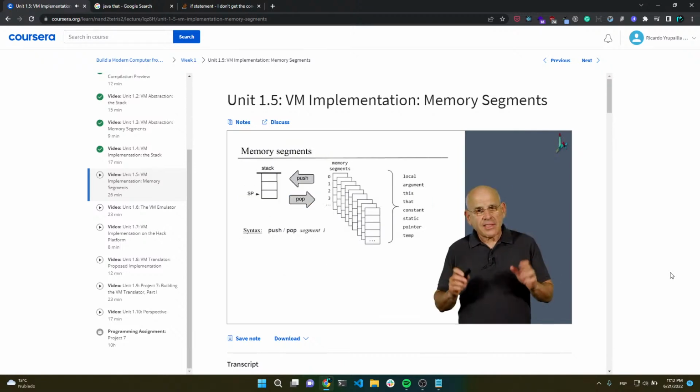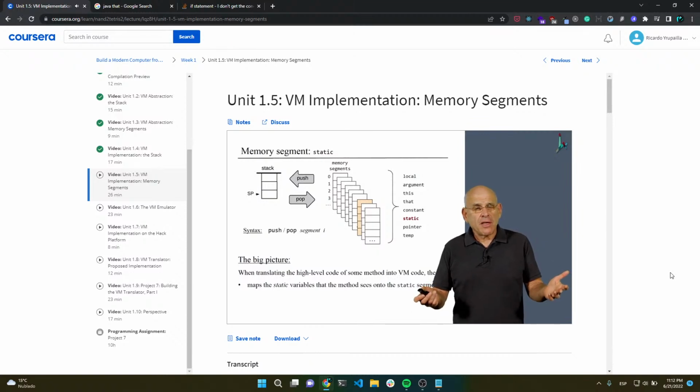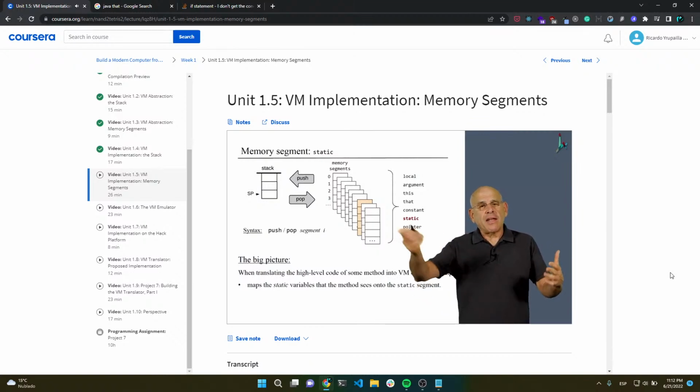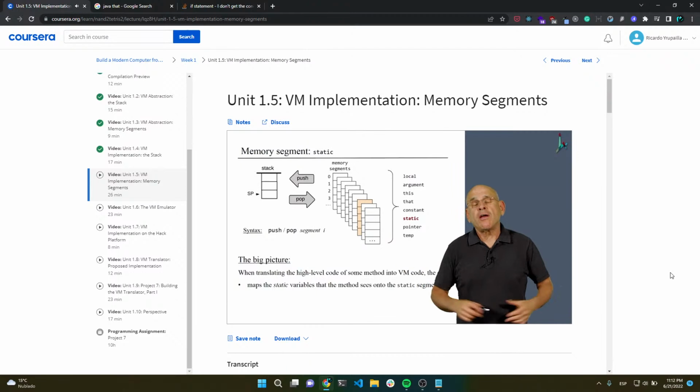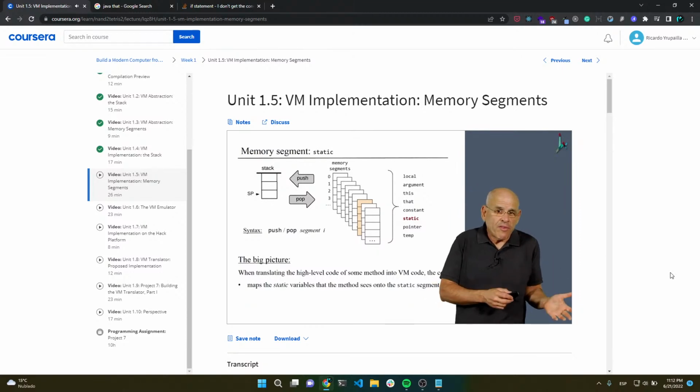Moving along, the next segment that we're going to deal with is the static segment. Now, what's the story of this segment? Where does it come from? Well, the compiler that handles your high-level code may well encounter some static variables. These are the so-called class-level variables that every method in your class sees. So obviously, we have to treat these variables differently than local variables or argument variables.